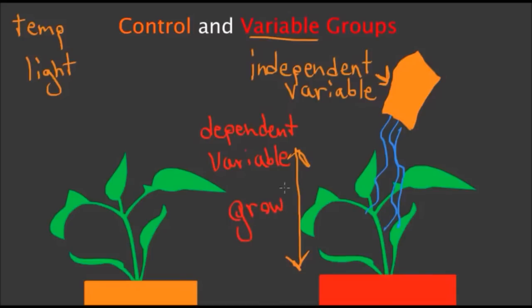Growth. All right, so there you have it. We have a control group where nothing has changed, a variable group where we're only changing one thing, the energy drink. The energy drink itself is called the independent variable because the independent variable is something that the scientist is controlling. And the dependent variable, how much the plant grows, is called the dependent variable because it depends on the independent variable, or the energy drink.